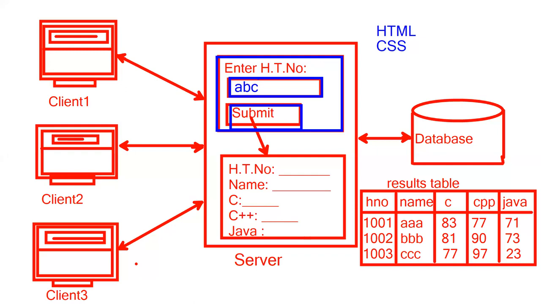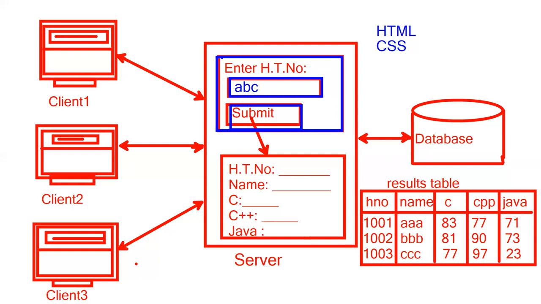Is 1004 there? That is invalid. But whether it is there or not, we have to check in the database. But is it required to check whether ABC is there or not? No. The format is wrong first. The checking comes later. First the format is wrong.